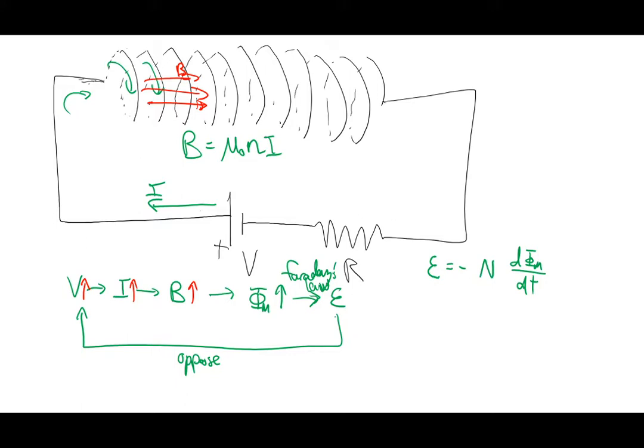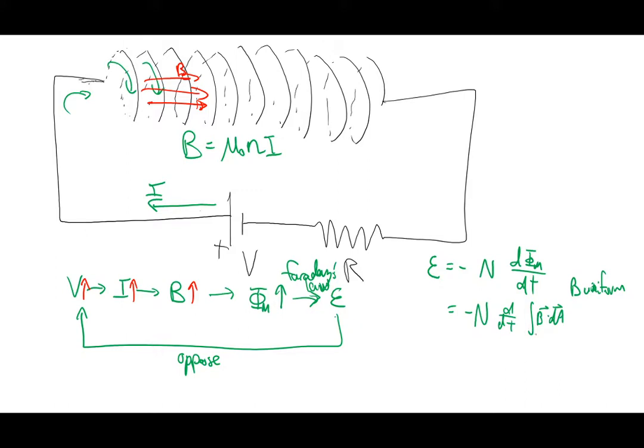And as a result of this construction, because B is uniform within the solenoid and across the area, this basically becomes d/dt of B dot dA, right?